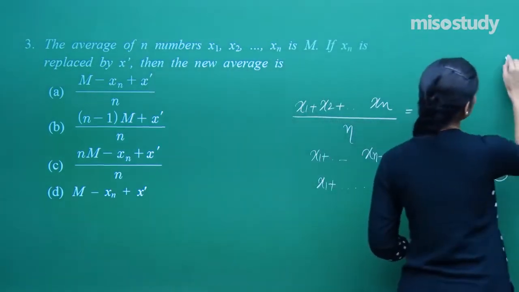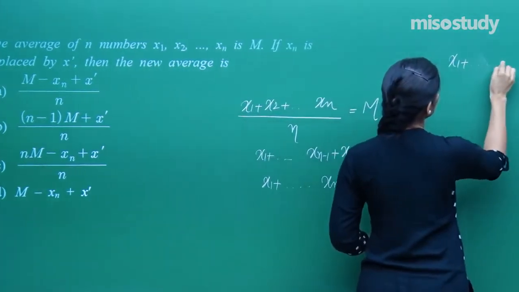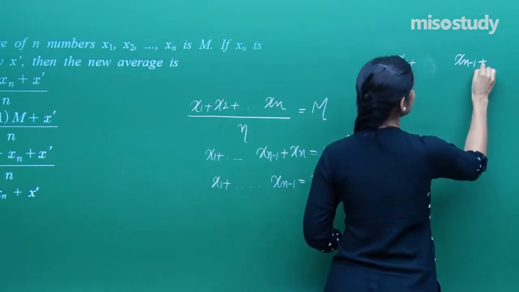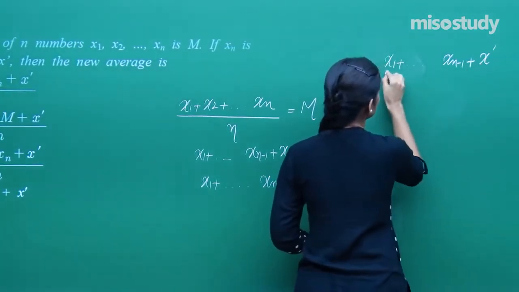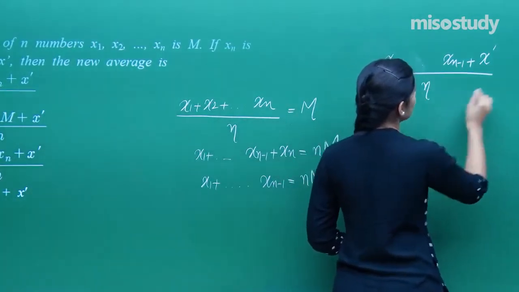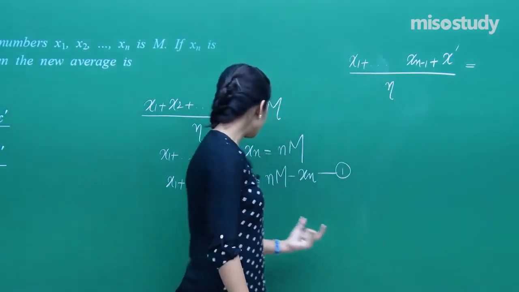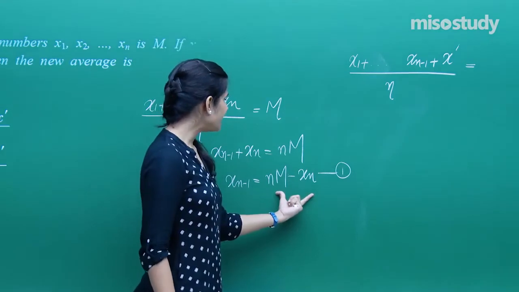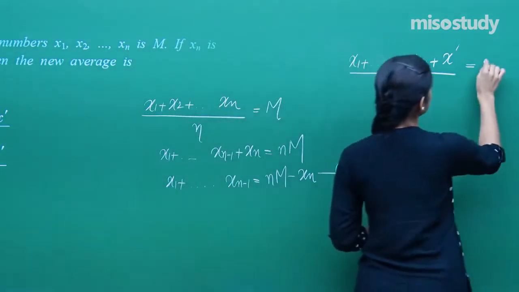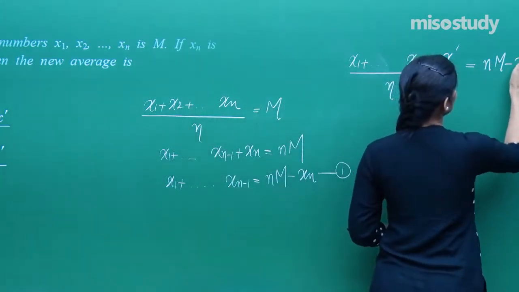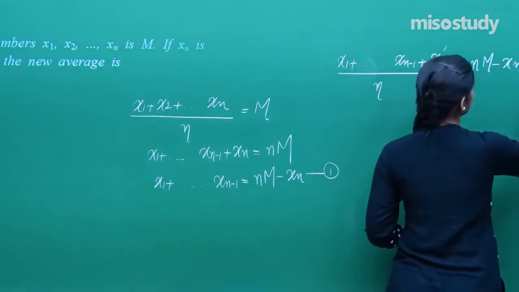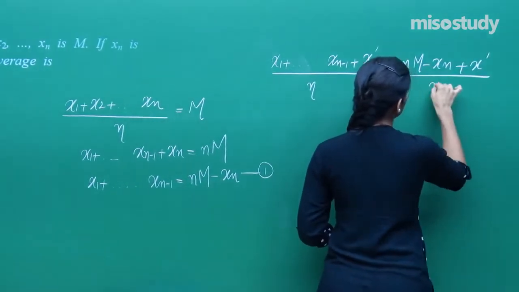So the new mean will then be x1 plus x2 plus xn minus 1 plus not xn but x dash, but the number of terms remains the same. What is this new mean equal to? x1 till xn minus 1 is actually equal to n into M minus xn, plus x dash, whole upon n.